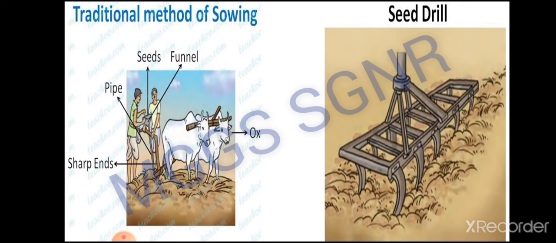But these days the seed drill is used, which is combined with the tractor. We put all the seeds in the funnel attached to that seed drill, and when the tractor moves forward, it puts all the seeds in the field behind it. So this is the seed drill method.